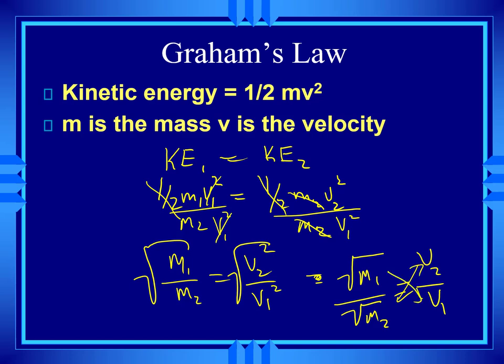The 1s and the 2s are flipped. And the square root comes because I take the square root to get velocities by themselves. So this says that the velocities are inversely proportional to the square root of the molar masses. That is Graham's law in terms of velocity.